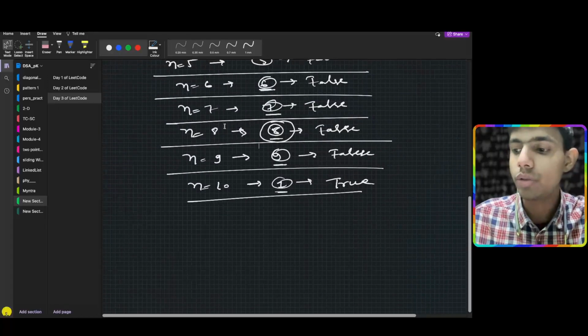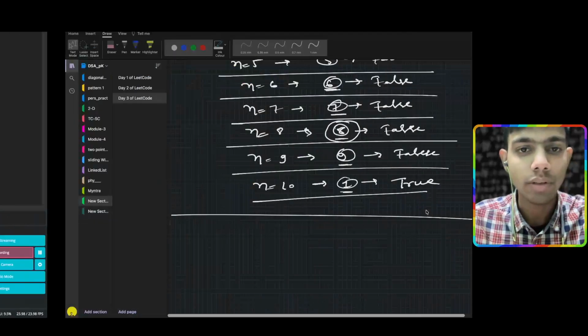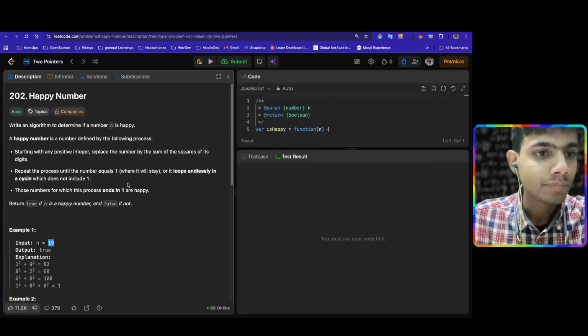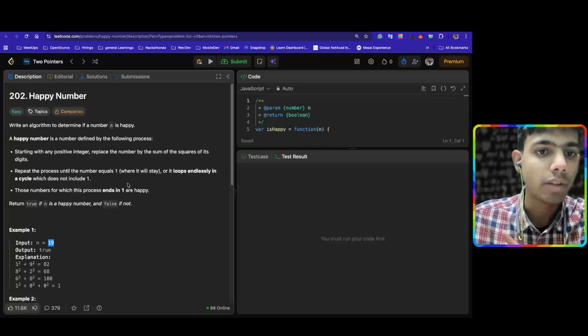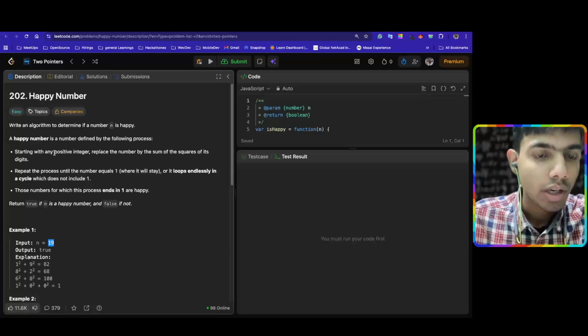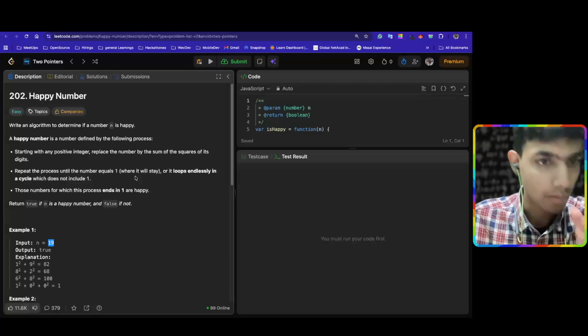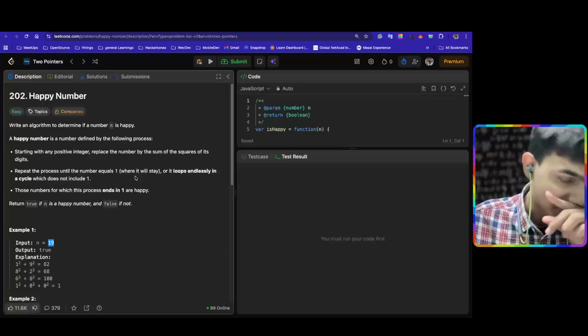Now we need to do something else. Let me read the problem statement once again. A happy number is a number defined by the following process: starting with any positive integer, replace the number by the sum of the squares of its digits. Repeat the process until the number equals 1, where it will stay, or it loops endlessly in a cycle which doesn't include 1.